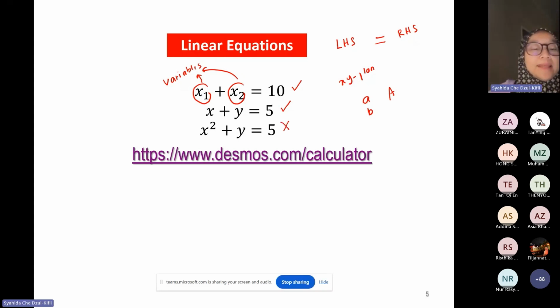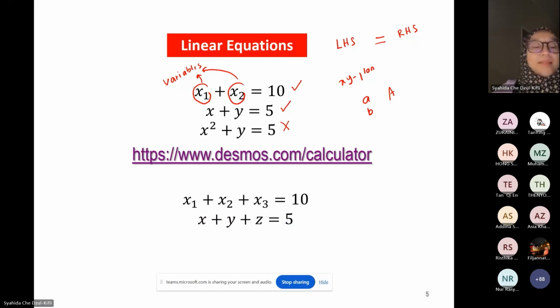Okay, and then let's look at equations with three variables. First example, x1 plus x2 plus x3 equals 10, and x plus y plus z equal to 5, and x squared plus y plus z equal to 5. To determine whether they are linear equations or not, let us look at the graph.